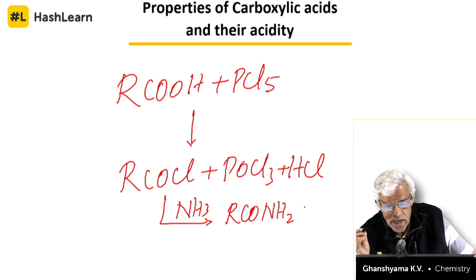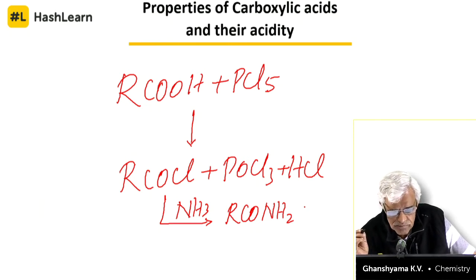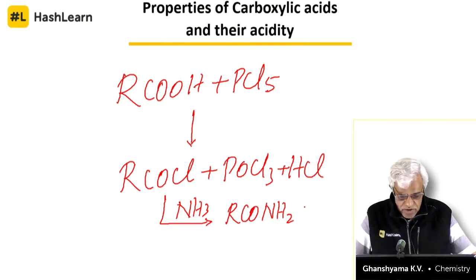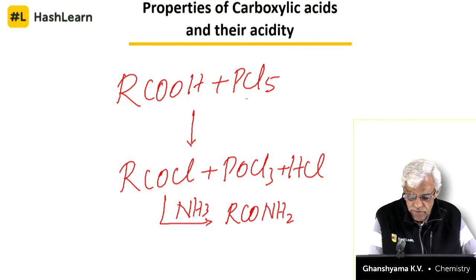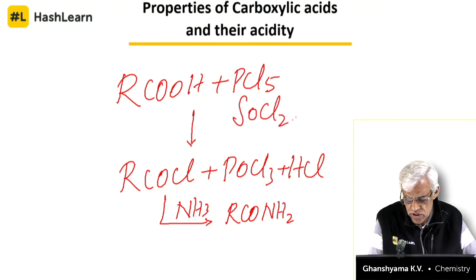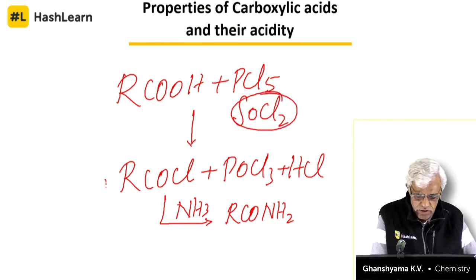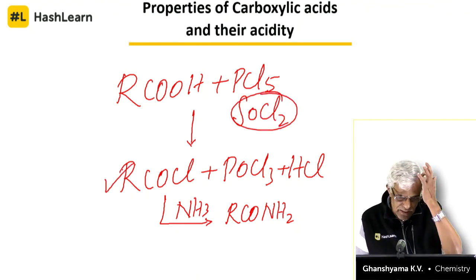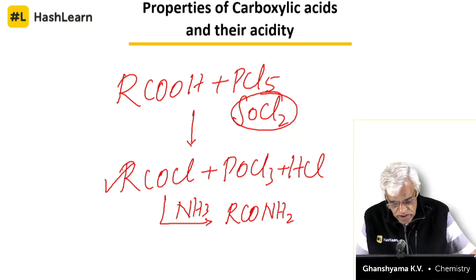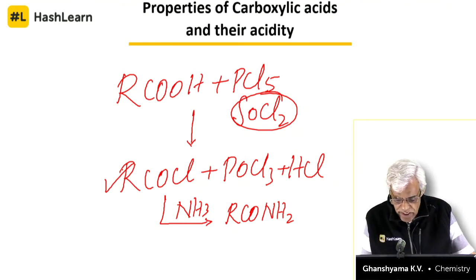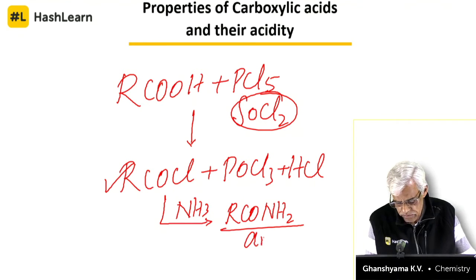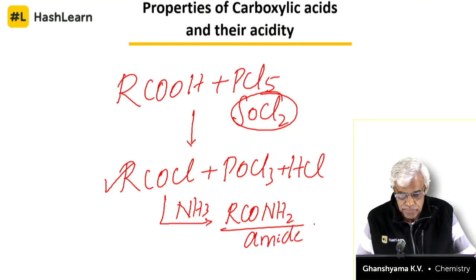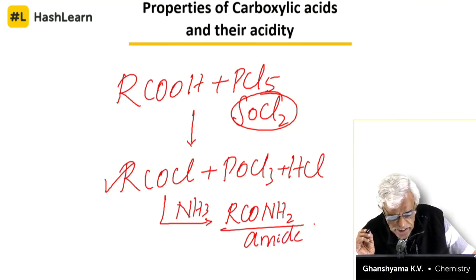It forms an amide. So, with PCl5 or with SOCl2, you get RCOCl, acid chloride. This acid chloride reacts with ammonia forming an amide, acid amide.